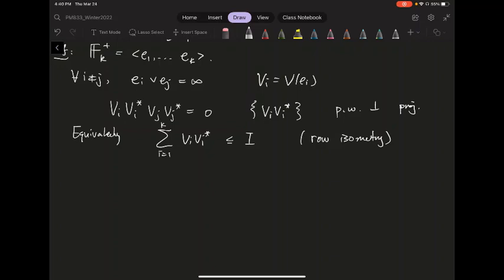This is called the Cuntz C-star algebra, O_k. So that's where you see this. Even if you view the C-star algebra this way, these kinds of representations relate to a lot of very well-known C-star algebras.